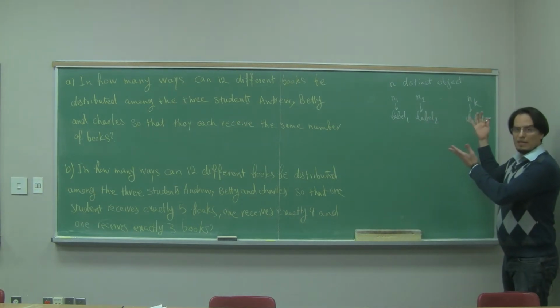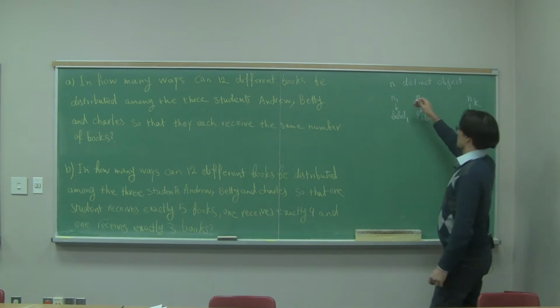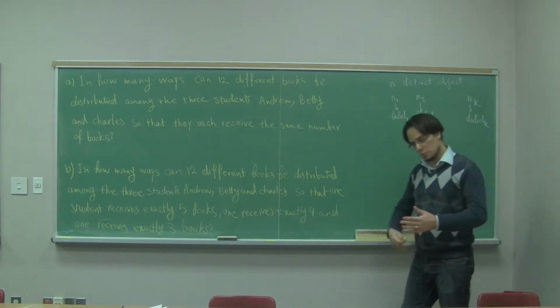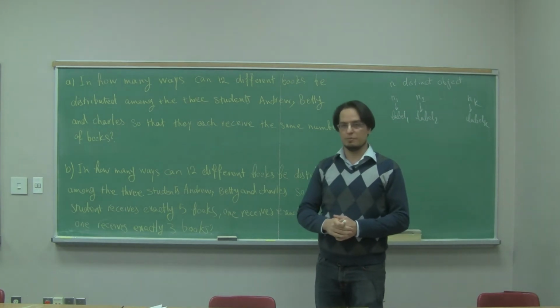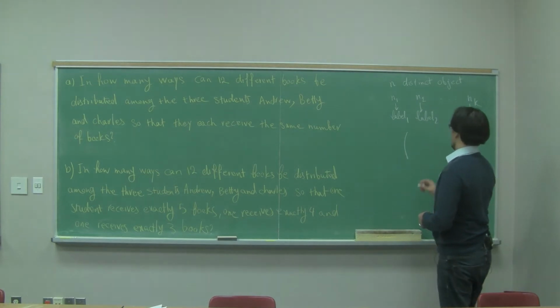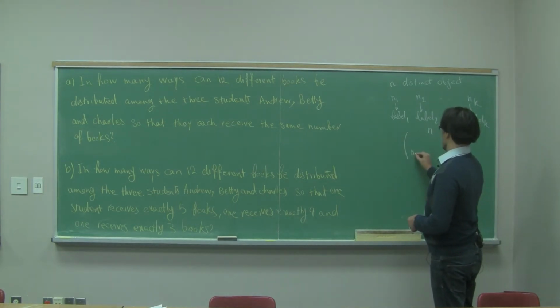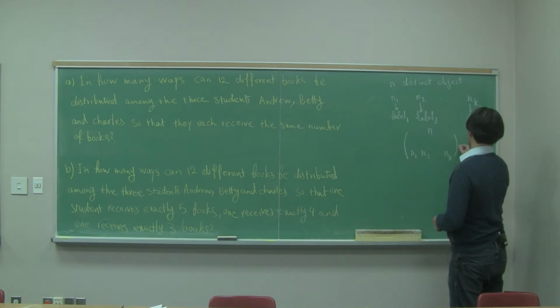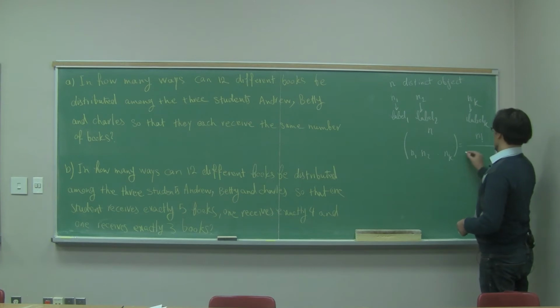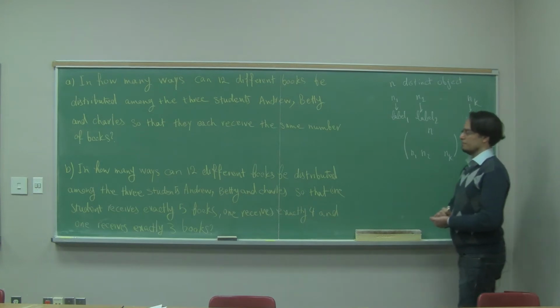Based on the numbers there, we know that n1 plus n2 up to nk should be equal to n, because we want to label all of these objects. Then the number of ways we can do this is given by this formula. You have n choose n1 for label 1, n choose n2 up to nk. Well, the formula for that is n factorial over n1 factorial, n2 factorial, up to nk factorial.